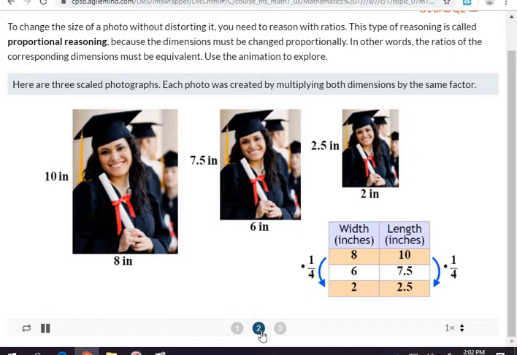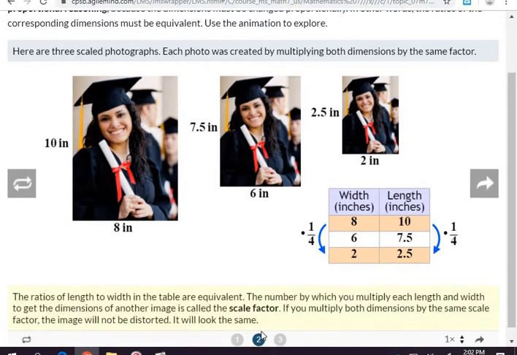Wait, that'd be fourths. 3/4 smaller and then 1/4 total smaller. But did she do the length and the width by the same? Yes. So did it change the picture any? Did it get cropped or anything? No, it stayed the same. That means it was proportional.